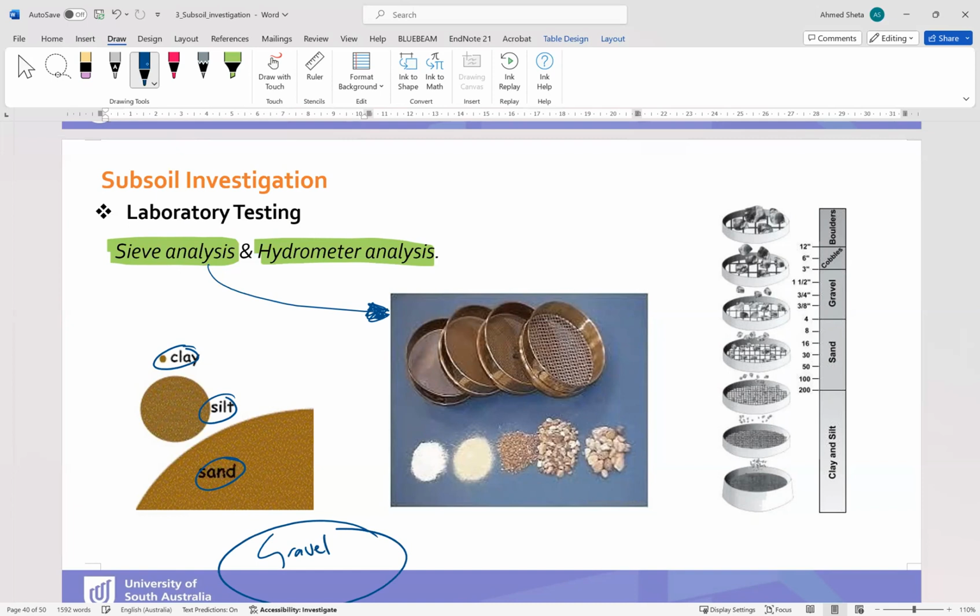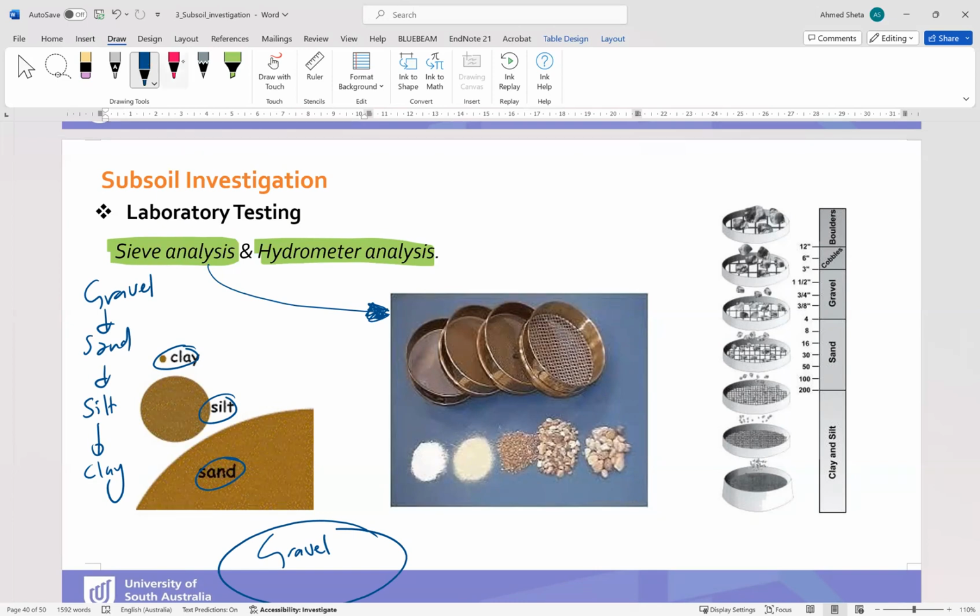If we order the particles from big to small, we have gravel, then sand, then silt, then clay. So clay is the smallest size.